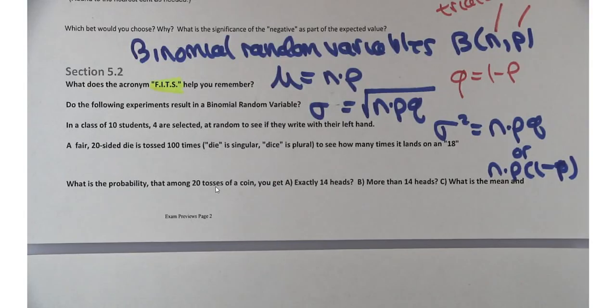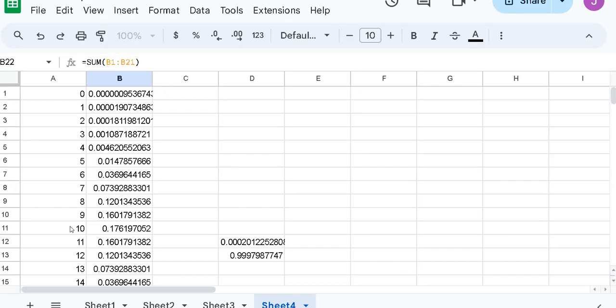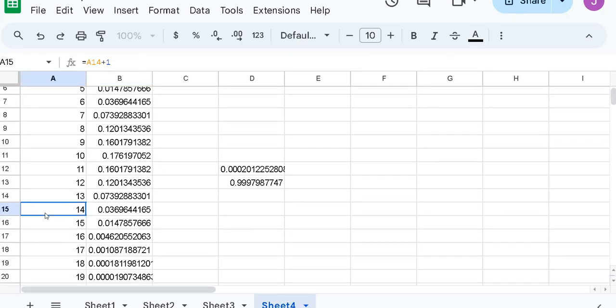What's the probability that you get exactly 14 heads? Well, that would be right here. Exactly 14 heads. Great. So exactly 14 heads would be about 0.0370. What's the probability of getting more than 14 heads?